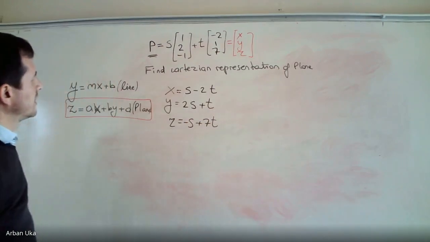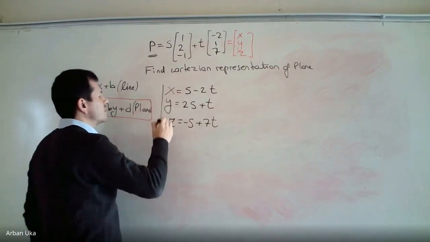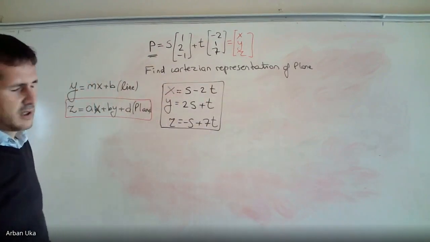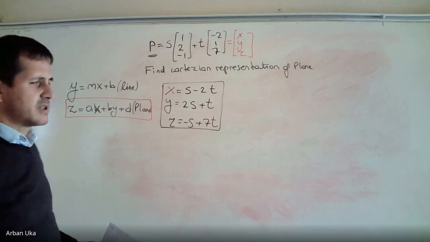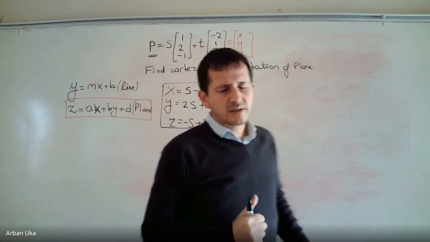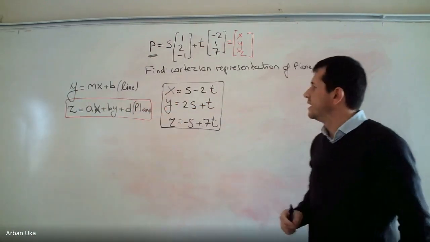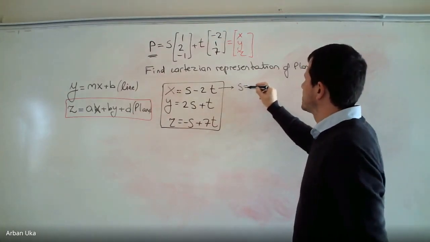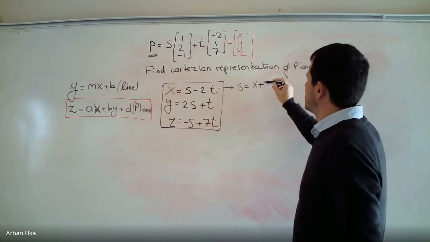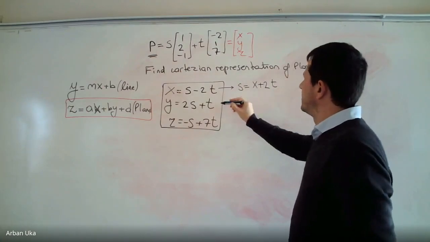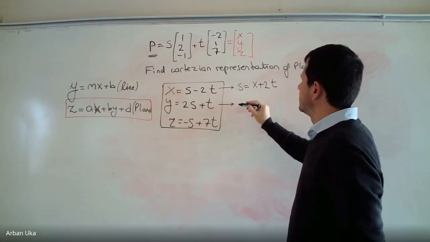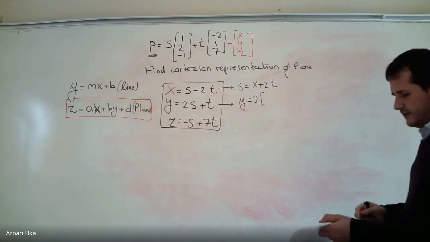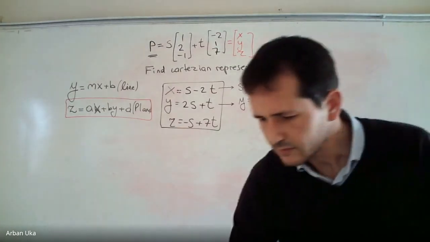Okay, so here we have all the points which are described, which should be in a plane, as we argued. And now the question is, we have to remove the constants s and t. In order to do this, from the first expression, we can find that s is equal to x plus 2t. Then, from the second equation, we can get that y is equal to 2 times s. What is s here?